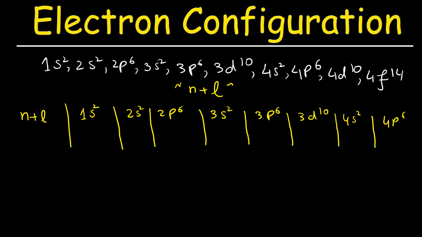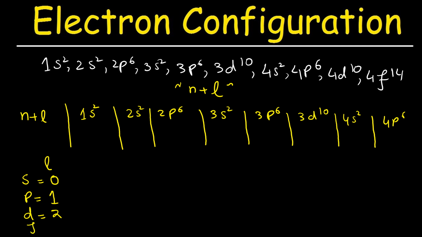Please keep in mind, student, that the azimuthal quantum number L for s orbital is 0. For p orbital, the azimuthal quantum number value is 1. For d orbital, the value of azimuthal quantum number is 2.